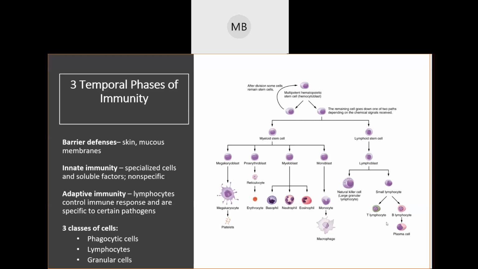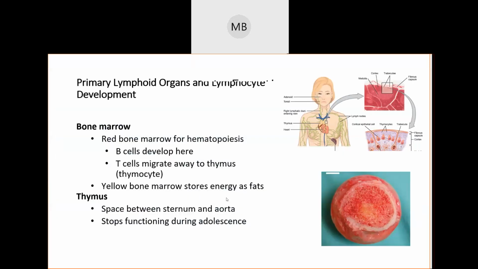Those special secret assassin special units of the military, your body's SEAL Team 6, would be your T lymphocytes, right? Your T lymphocytes grew up and then were trained and matured in the thymus to do their jobs, right?